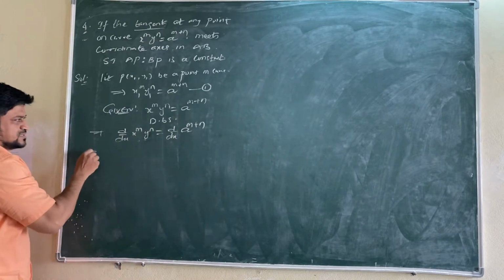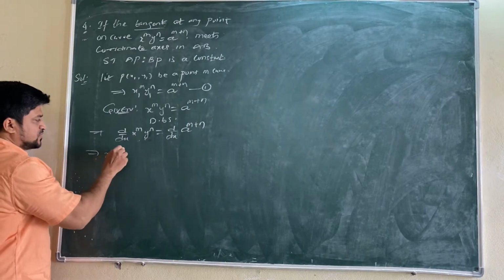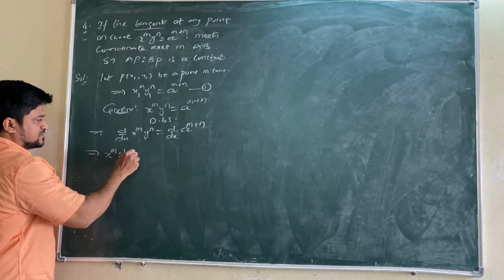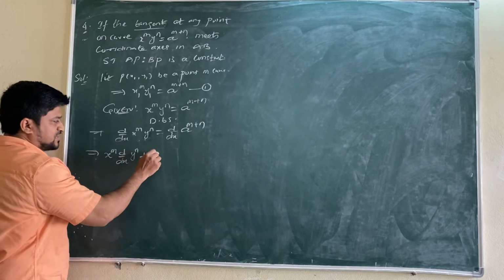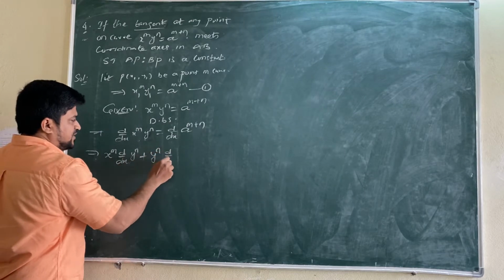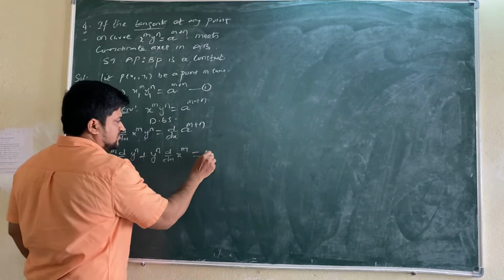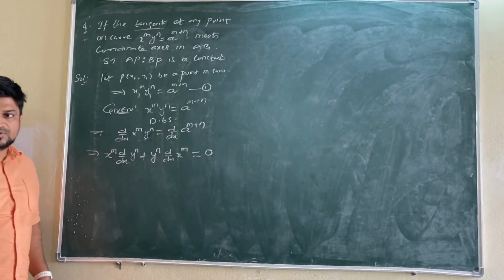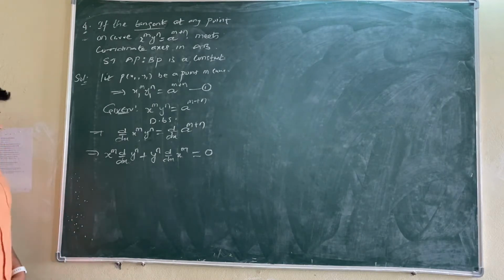This is UV form: u d by dx of v plus v d by dx of u equals zero. No variables are there, only a constant, so the differentiation of a constant is 0.